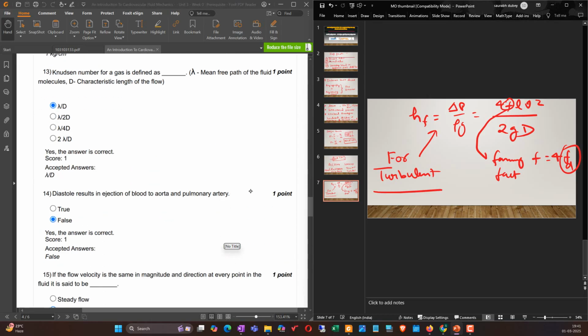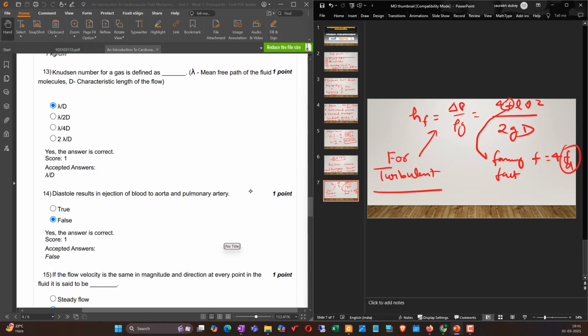So the Knudsen number for a gas is defined as lambda, the mean free path of the fluid molecule, and D is the characteristic length of the flow. Lambda by 2D, lambda by 4D, lambda by 2?